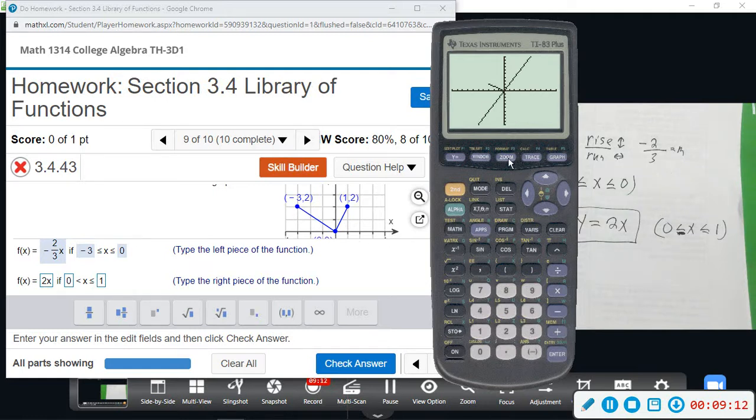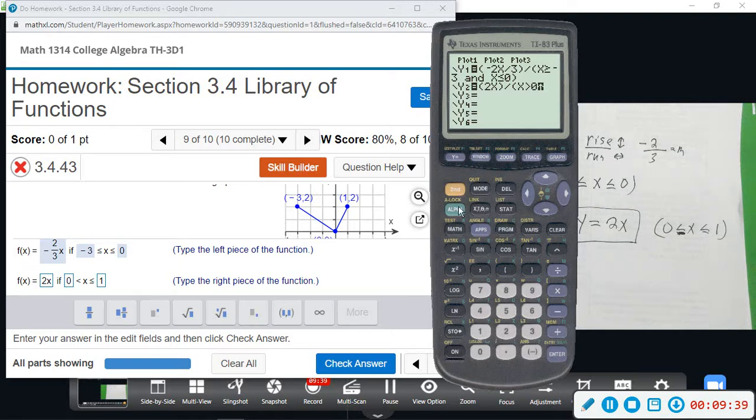Now I'm going to restrict the other one. So I'm going to go back to y equal. Go down to the second equation, go all the way to the back. We've got to do divided by. We're going to open parentheses. So we're going to do the same thing. We're going to say x is second math, greater than, so number 3, strictly greater than 0.